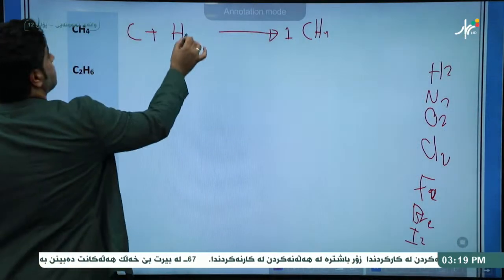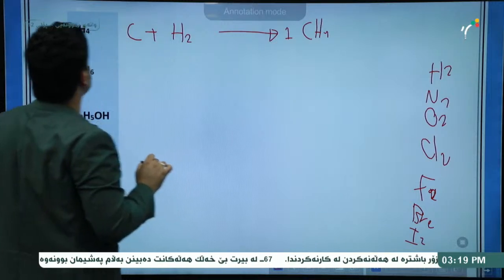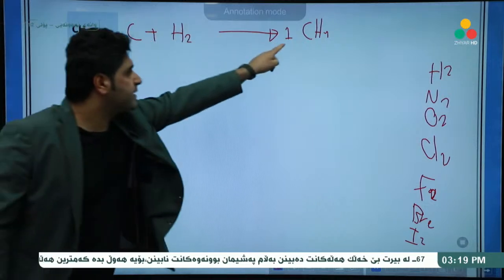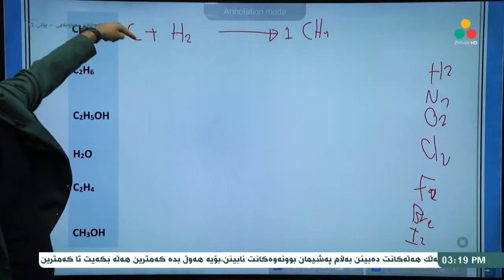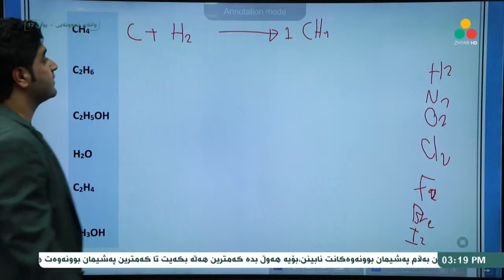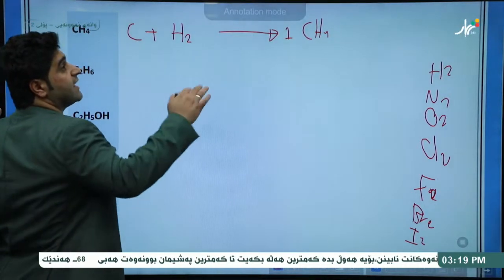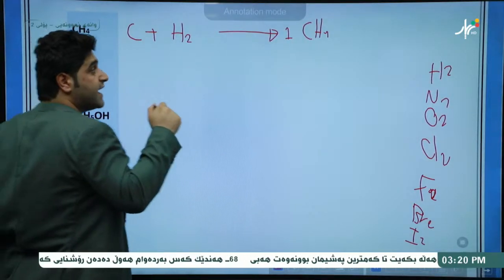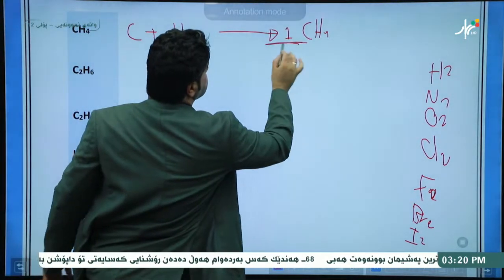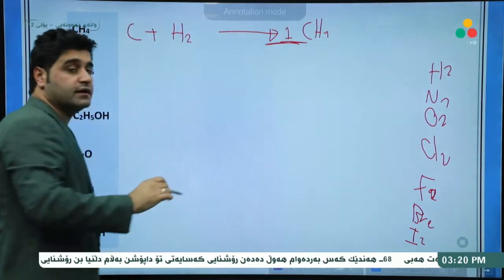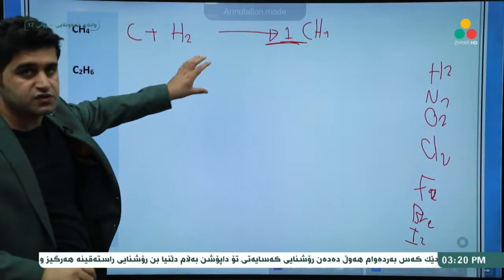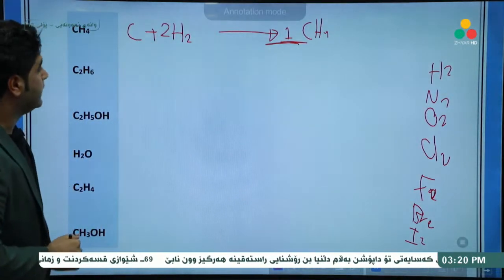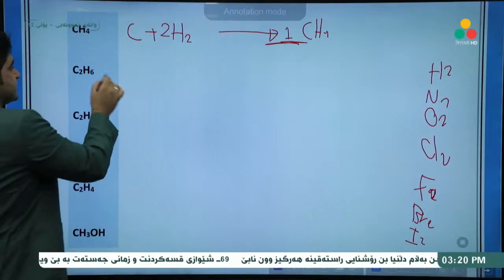That's why we have to write a small 2 as a subscript here. Now, 1 mole of the compound is produced from its constituent elements. The next step is balancing the reaction, but don't touch that number 1. It should be constant. So multiply hydrogen by 2. Now they are balanced on both sides.